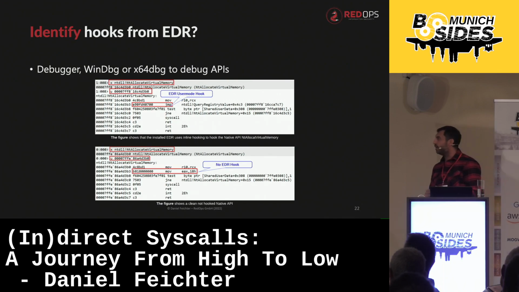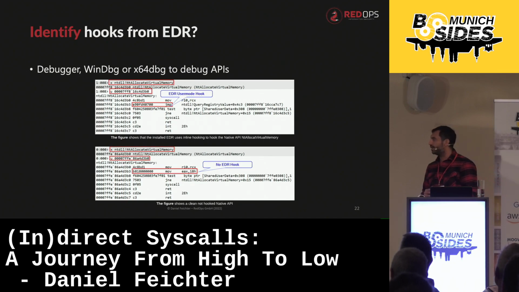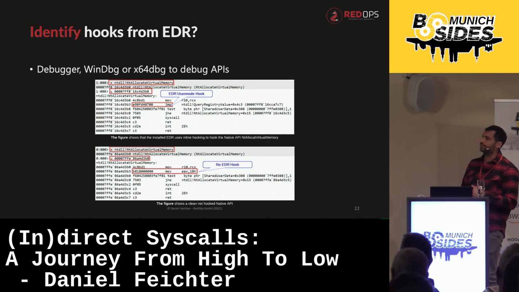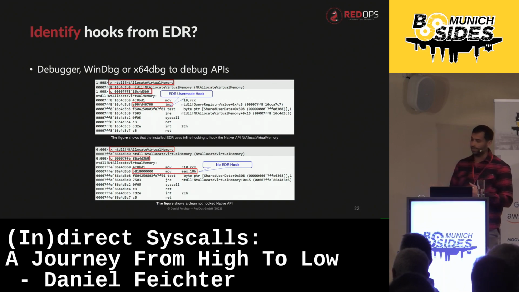When an EDR hooks this API, on the upper side we see that the second line, the move instruction, is replaced by a 5-byte long unconditional jump instruction. This jump is responsible for redirecting the executed code in the context of the API to the DLL from the EDR.